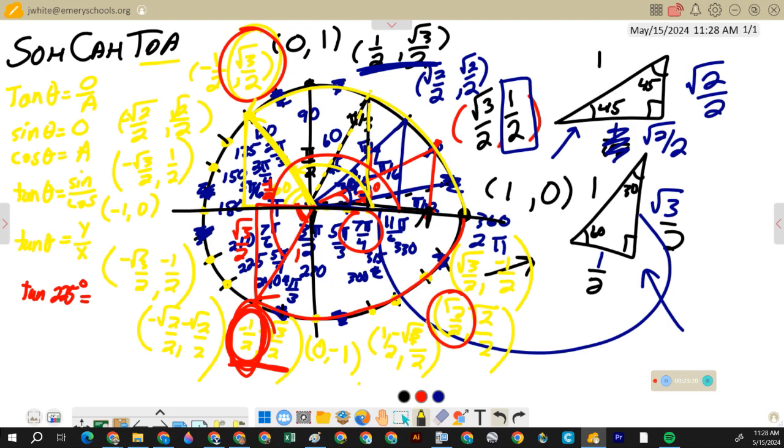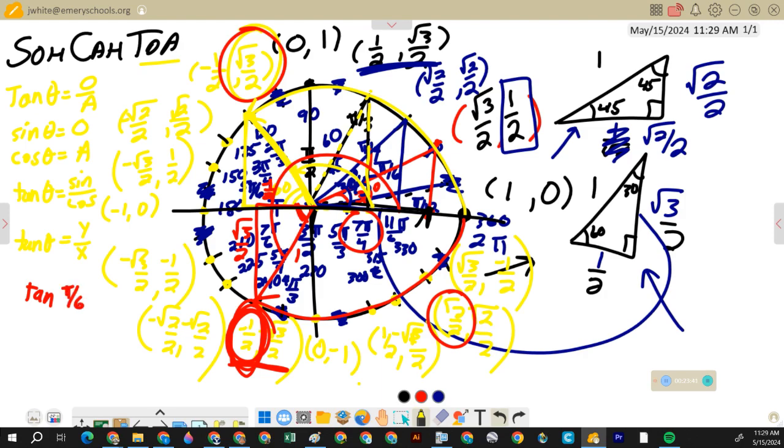Well, I take the y value, negative root 2 over 2, and divide it by the x value, negative root 2 over 2, which is going to give me positive 1.